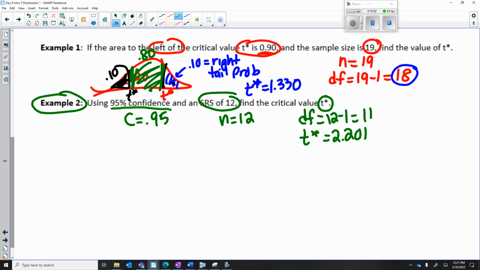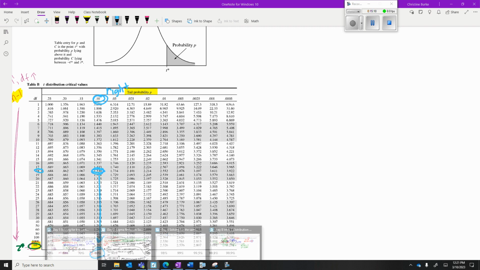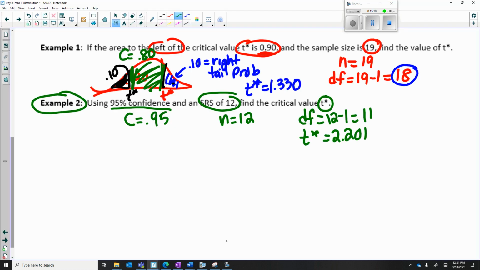So that actually means the confidence level on that is 80. So if you guys look on the bottom of that t star that we just found, follow it down to the bottom, you see that the 80% is the confidence level associated with the right tail of 10%. All right, so that's really it for today.